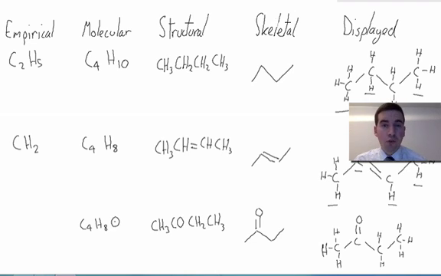So with the molecular formula, don't forget to include the oxygen, even though it's just one of them. And in this case, the empirical formula is the same as the molecular formula. There's only one oxygen, so there's no number you can divide by to get a smaller integer.